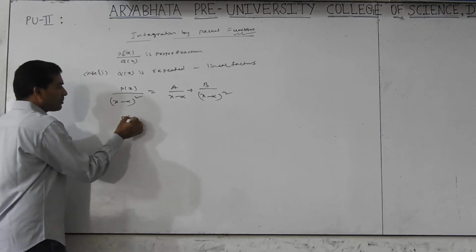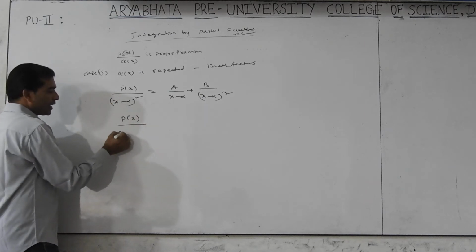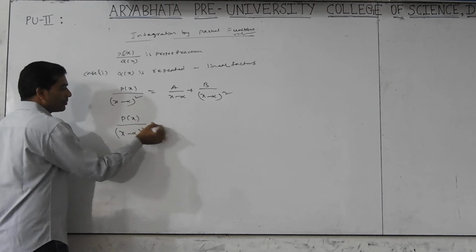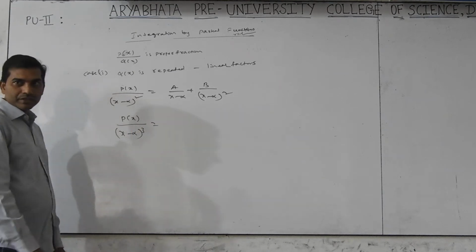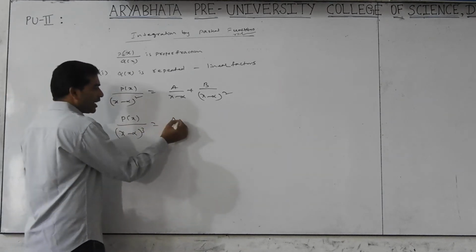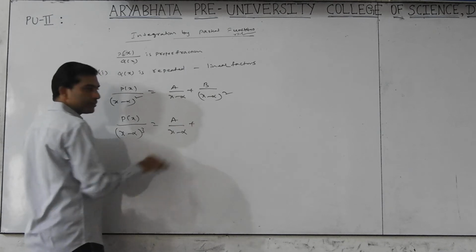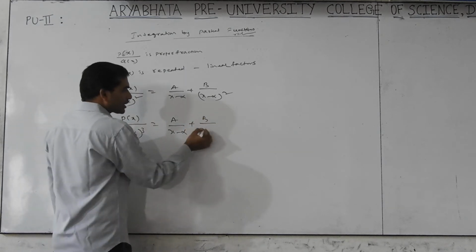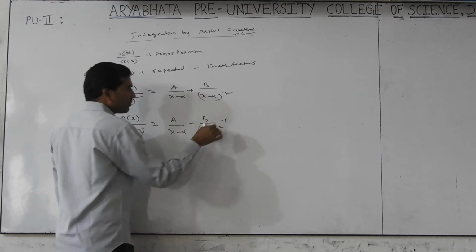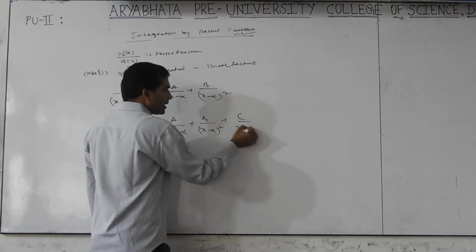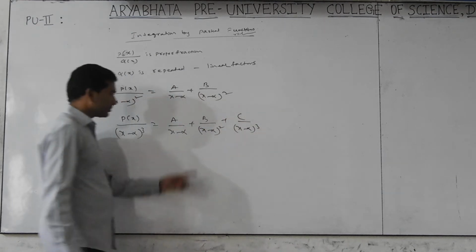Next, p of x by (x minus alpha) whole cube, where the denominator is repeated 3 times. Then the partial fractions are a by x minus alpha plus b by (x minus alpha) whole square plus c by (x minus alpha) whole cube.